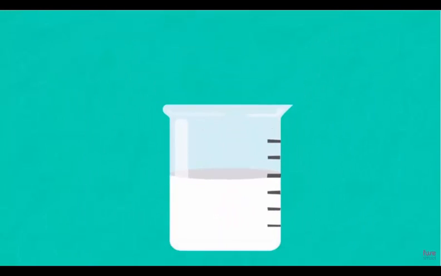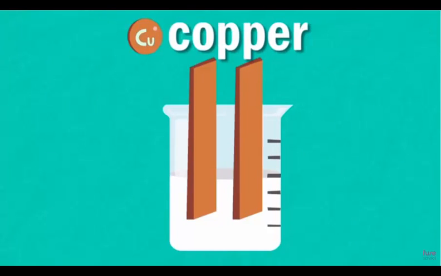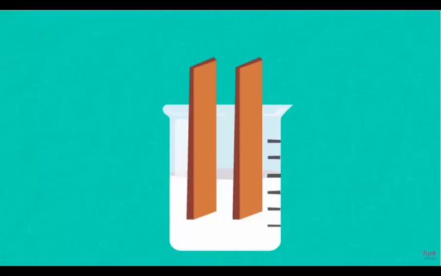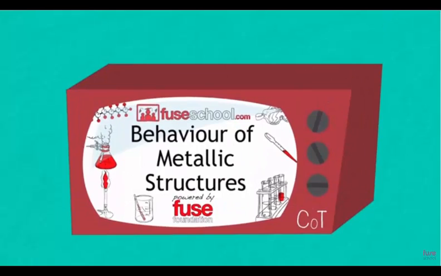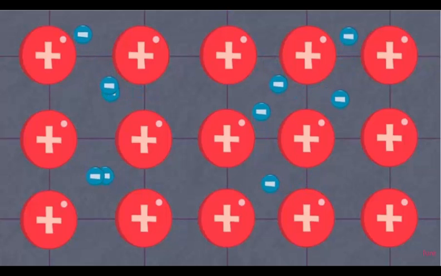Now consider putting 2 electrical conductors into the liquid. Copper would be good as it has a higher melting point. Nothing happens to the ions at this point, but if we connect the 2 bits of copper to an electrical cell or power supply, then things start to get interesting. We do need to sidestep for a moment to look at electrical current in a metal. From our lesson Behaviour of Metallic Structures, we know that electrons in a metal aren't bound to particular atoms.